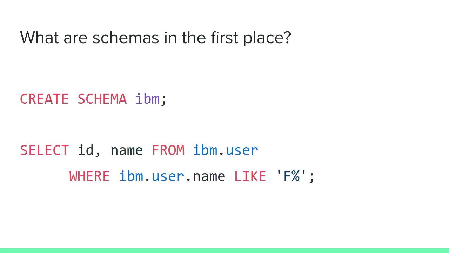The thing is, you are able to create a new schema by using the create schema command. And whenever you do this, you begin to be able to query through that schema. So we have the same query as before, but now we are doing it through IBM. The table is now called IBM.user, and we get the field name from IBM.user.name.